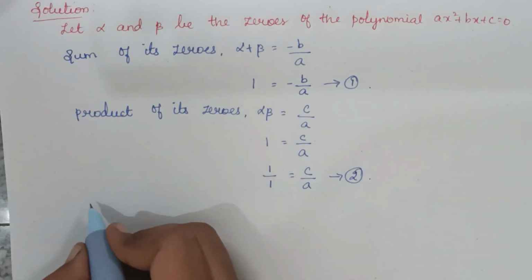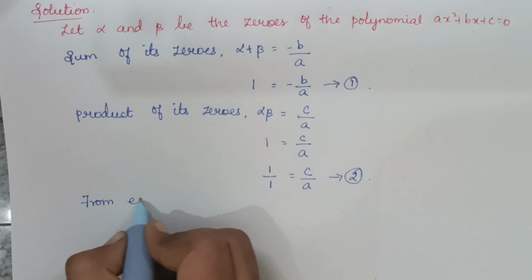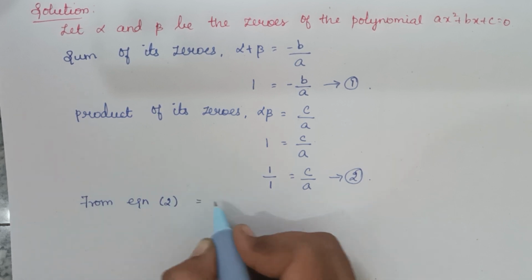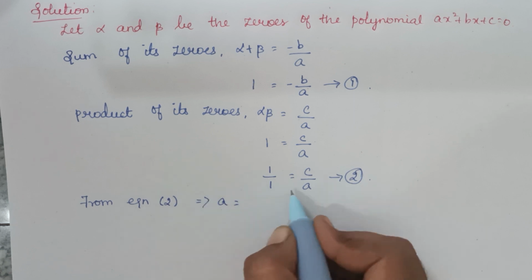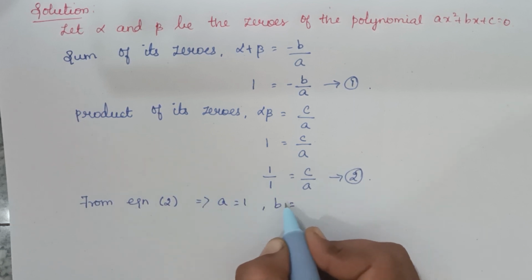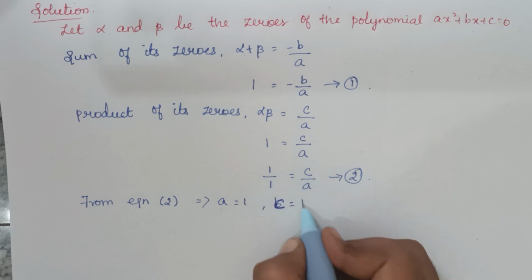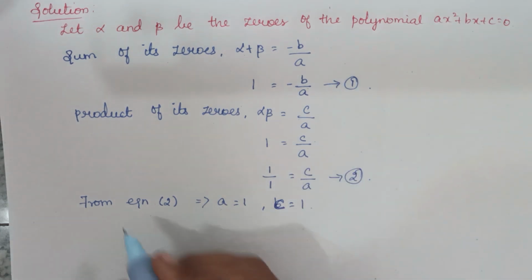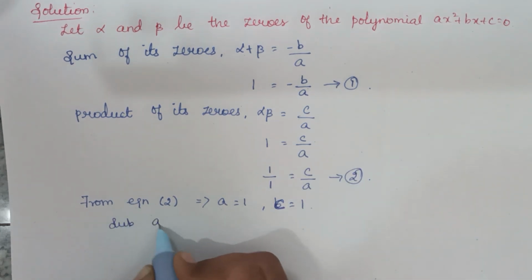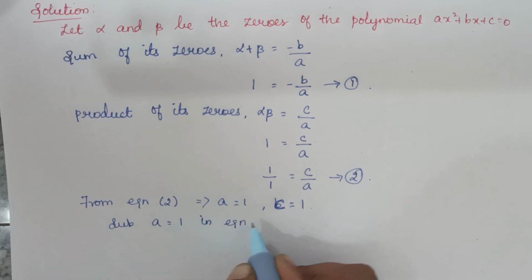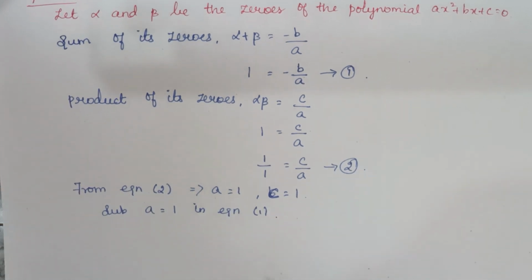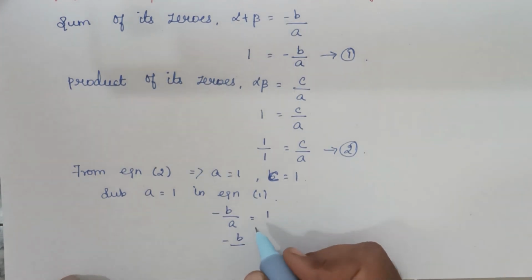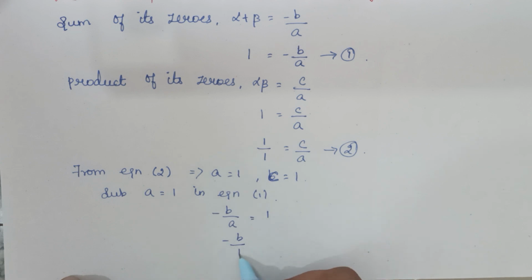From equation 2, a is equal to 1 and c is equal to 1. Now substitute a is equal to 1 in equation 1. So minus b by a is equal to 1, so minus b by 1 equal to 1.